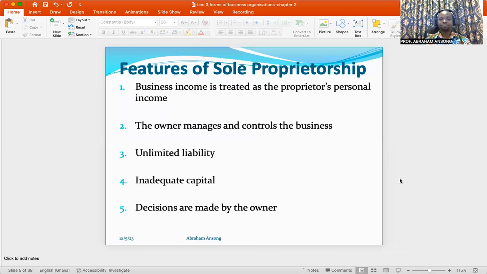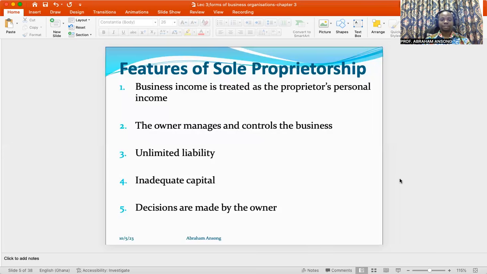And having proper financial records is one of the requirements that you need if you're going to a bank or any financial institution to seek a loan or funding. Right? Because of the size, because of their inability to keep proper financial statements, that also explains why most of the time they will have inadequate capital when operating a sole proprietorship.